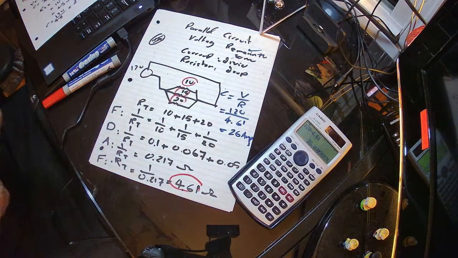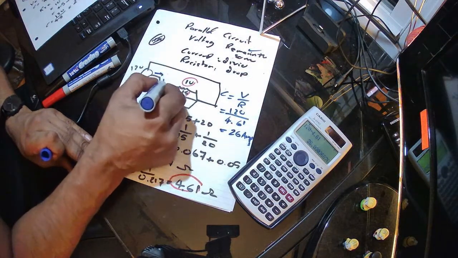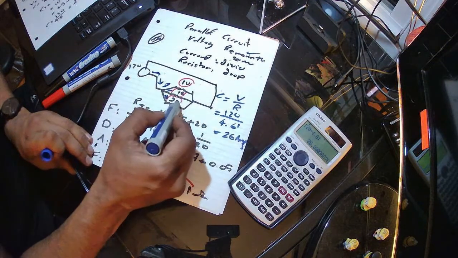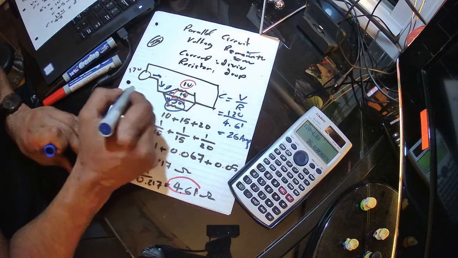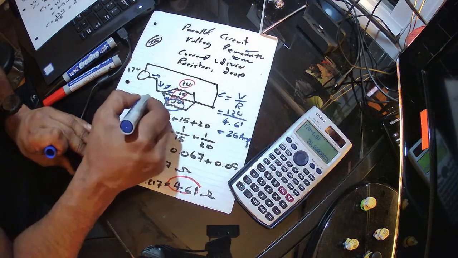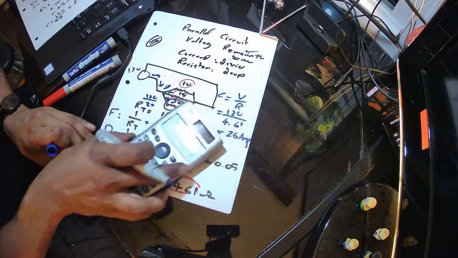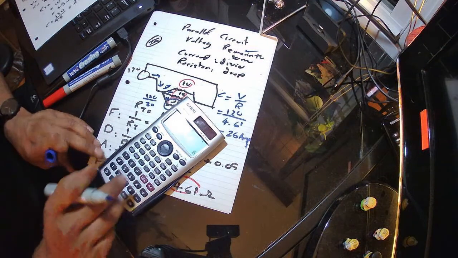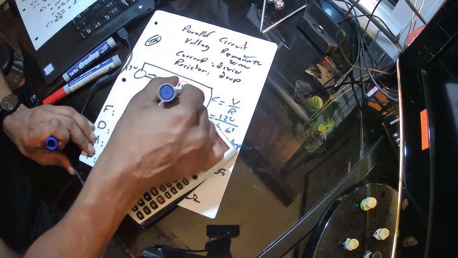How do I know it's a parallel circuit? Because the current comes from here and it divides. If you want to find the current in here, that's 120 over 20, just to prove my point, that's 6. What about here?